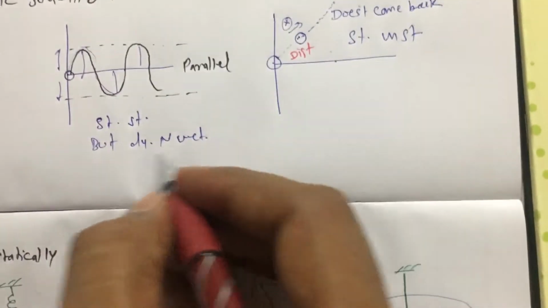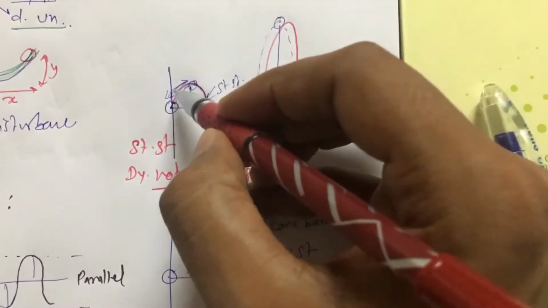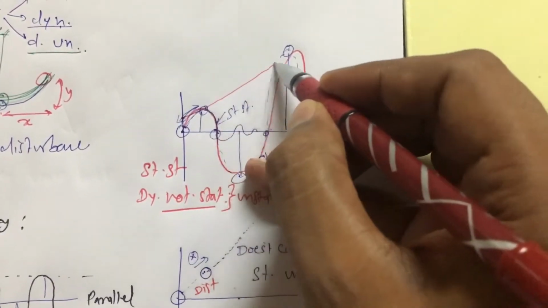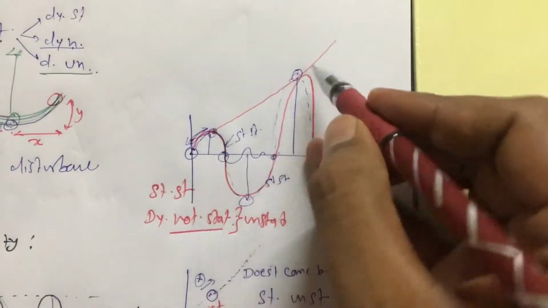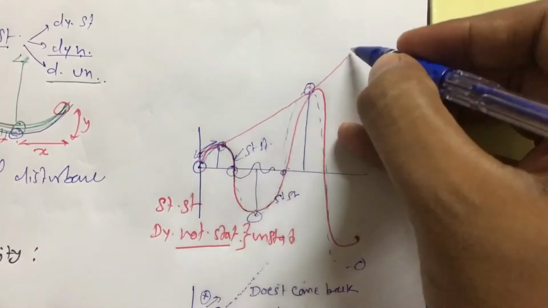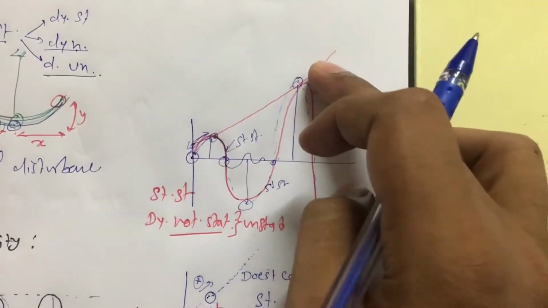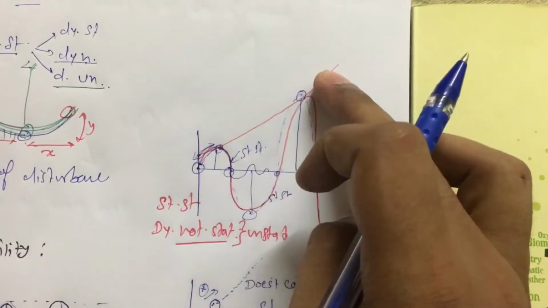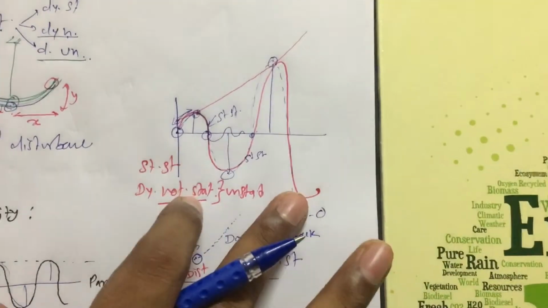This one is dynamically neutral, but in this one, see this kind of line is coming here, right? Now if you touch all the maximums, this line is giving you the complete idea about dynamically unstable. Got it?